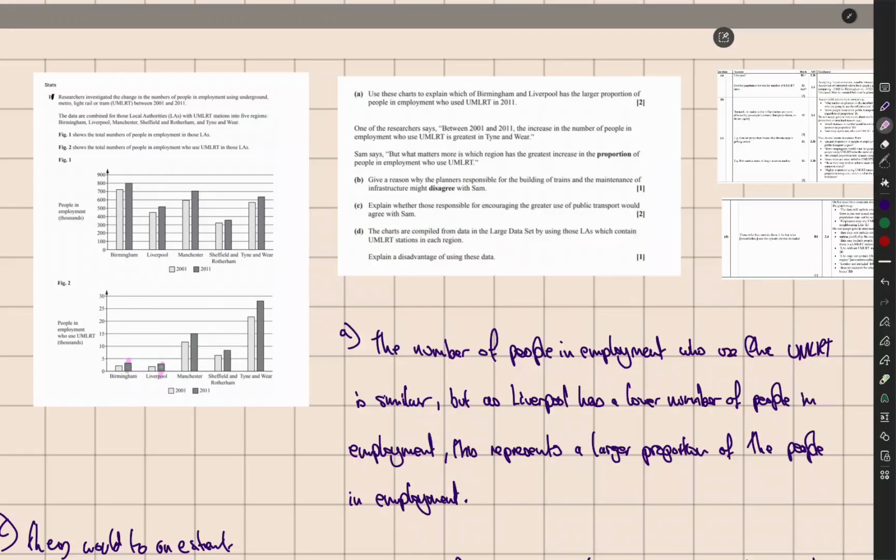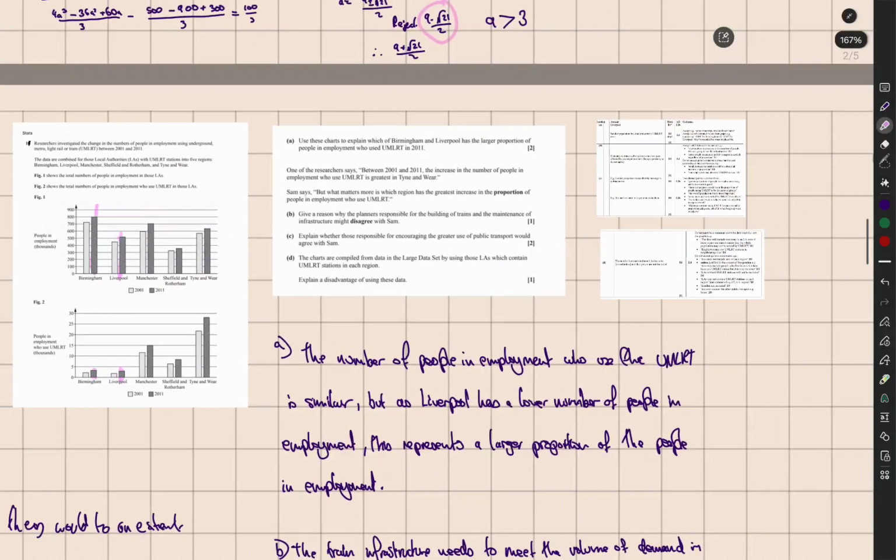Now the scale's not, well, you can't see it as clear as you want it. You can't be precise with it. But you see they have roughly the same size. However, you can see that the population of people in employment in Birmingham is larger. Therefore, whilst they have the same amount of UMLRT users, this amount in Liverpool represents a larger proportion. So that one's quite straightforward.